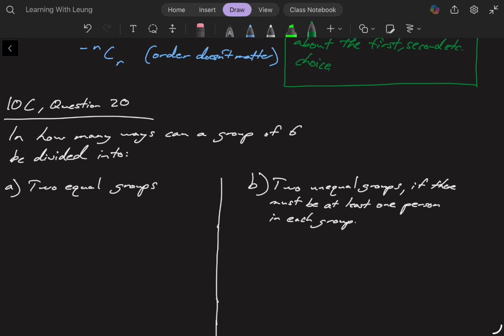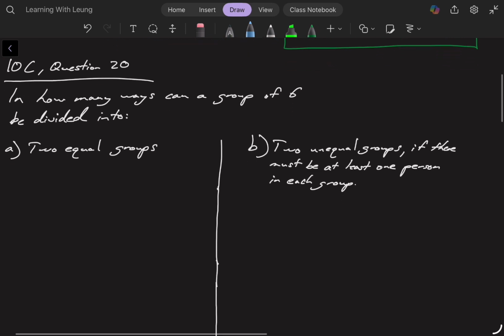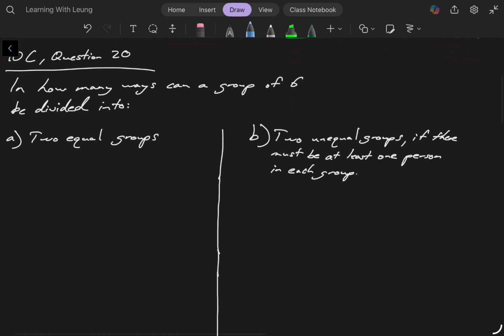Okay? All right, let's do a question. We're going to 10C, question 20, which is the last question in the textbook of that chapter. We've got a group of 6, and we're dividing it into, firstly, 2 equal groups, and then 2 unequal groups. So, 2 equal groups. Firstly, the way my mind works is I look at this and I go, we're dividing a group of 6.